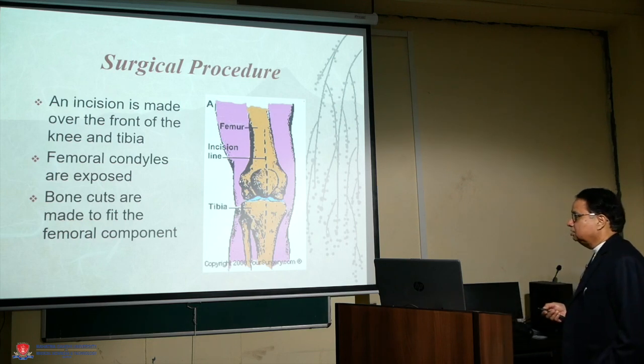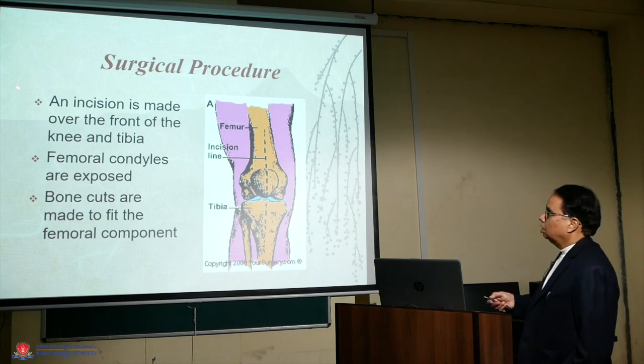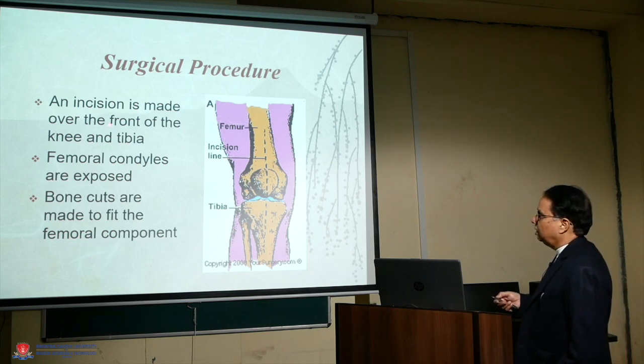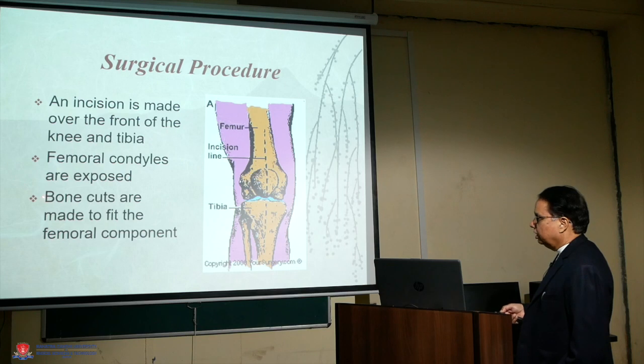So how is the surgical procedure? An incision is made over the front of the knee joint, the femoral condyle is exposed, and bone cuts are made to fit the femoral component, right? This is a straight incision, right, up to the tuberosity.